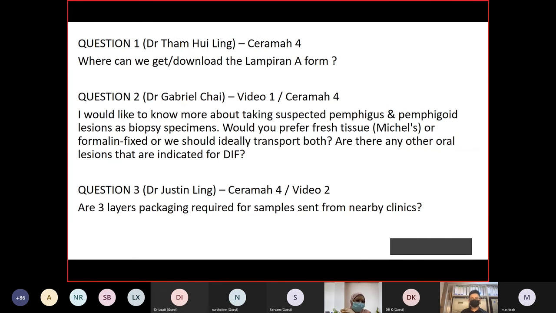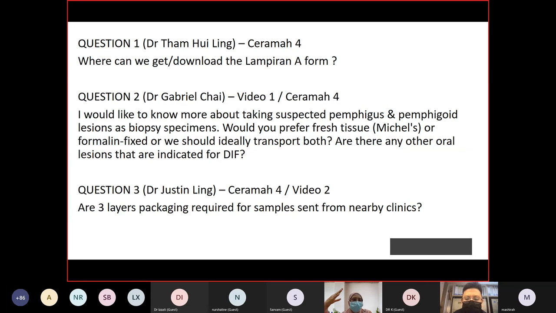Now, your other question is whether there are other lesions indicated for DIF. I cannot see the chat box. DIF is mostly done for pemphigus and pemphigoid, but you may also need DIF for linear IgA, but these are all vesiculobullous.